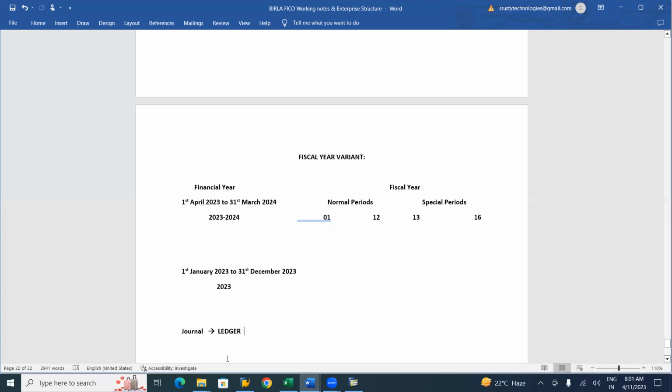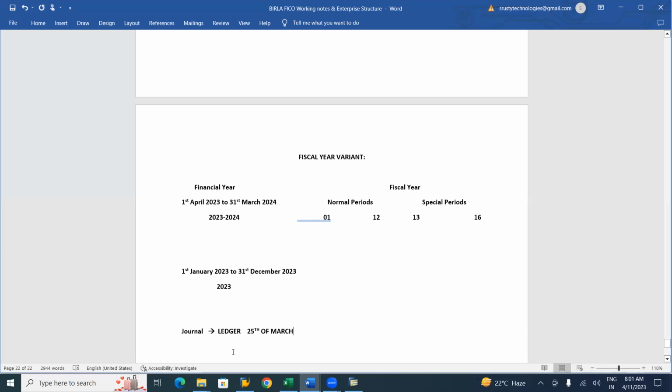So this starts on 1st April. For example, when we are going to close our books of accounts on 31st March. For example, say we have closed on 25th of March. What do you mean by closing of books? It is nothing but the ledger. We will do the ledger totals and balances.